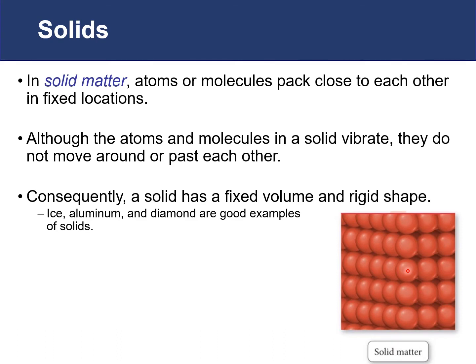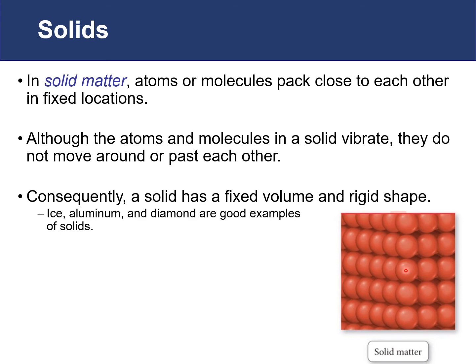Typically, solids occur at lower temperatures, and that's because temperature is a measure of the kinetic energy of the atoms or molecules. If they have a lower temperature, they don't have sufficient kinetic energy to break the intermolecular forces that are holding them in place. Because of this, they have a fixed volume and rigid shape.